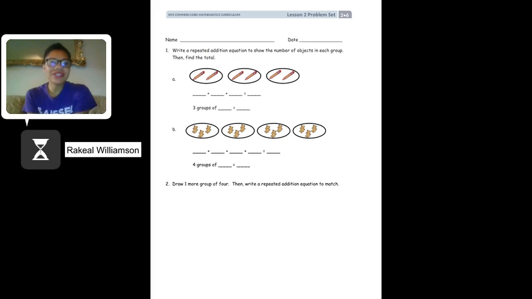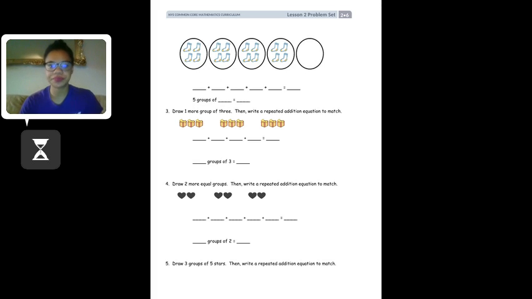Okay, boys and girls, now it's time for us to do number 2. It says, draw 1 more group of 4, then write a repeated addition equation to match. So in this problem, we're going to be working with some equation circles, as you can see on the next page. We're going to be working with socks.